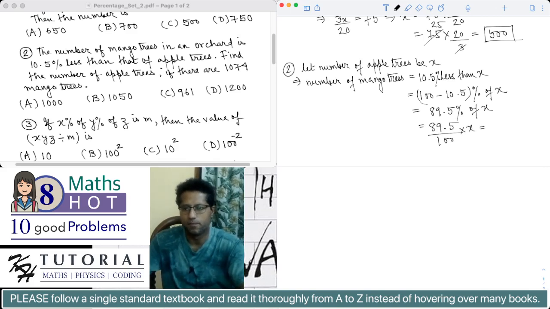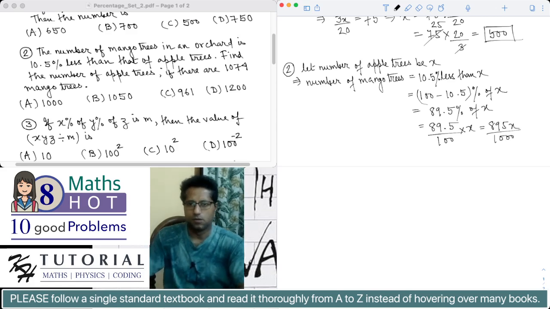This is equal to 895x by 1000. So this is the number of mango trees. Now find the number of apple trees if there are 1074 mango trees. So we have found the number of mango trees to be 895x by 1000.